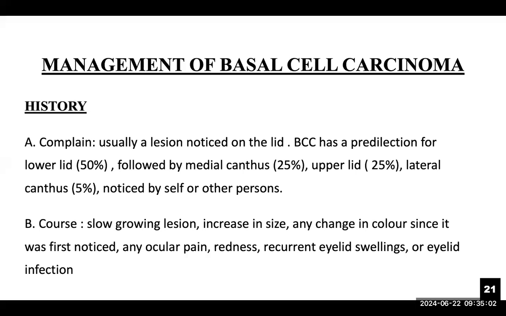Then I would want to find out the course of the lesion. I want to find out if it is slow growing, if there's any increase in size, any change in color since it was first noticed, any associated ocular pain, redness, any history of recurrent eyelid swellings or eyelid infections.